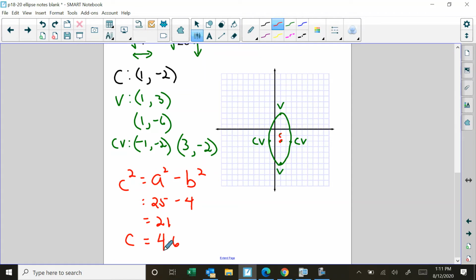So that time we will take our c and go 4.6 up, which is going to be up in here. It's not going to show it to you very accurately, but these are where the focal points are.